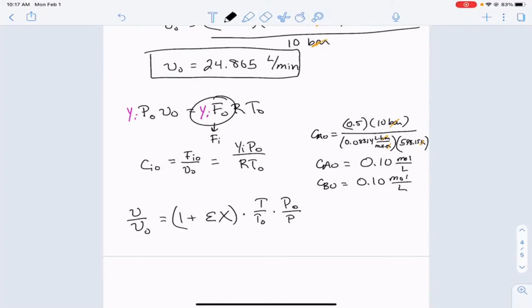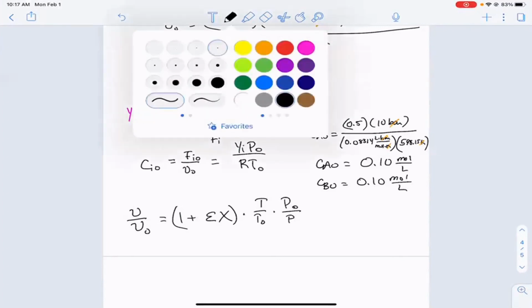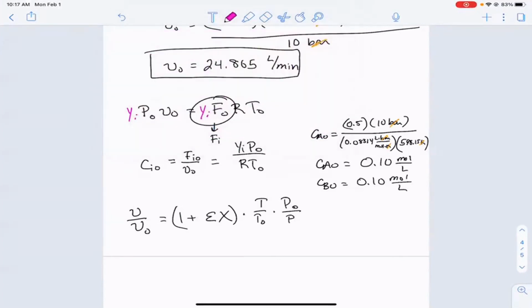we're going to assume that the reactor is operated isothermally and isobarically, at least in this problem. And if that's true, this simplifies rather nicely, because isothermal, that goes away. Isobaric, that goes away. Now, during the course of our semester, we're going to assume that reactors are isobaric almost all of the time.